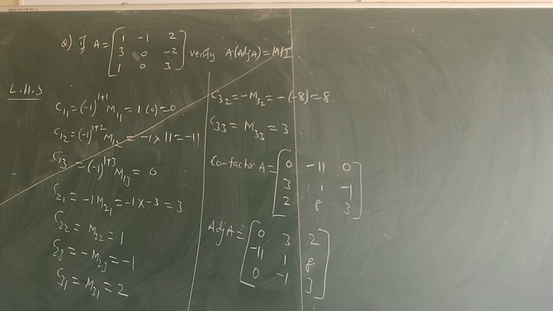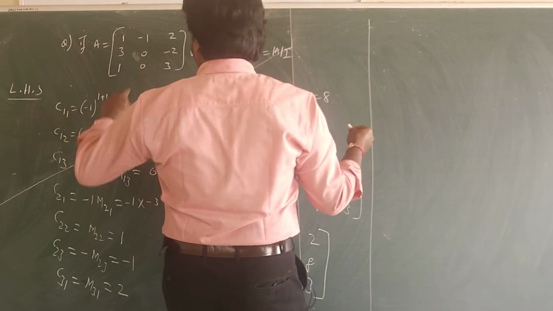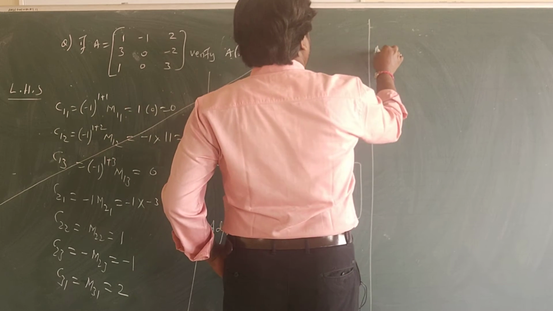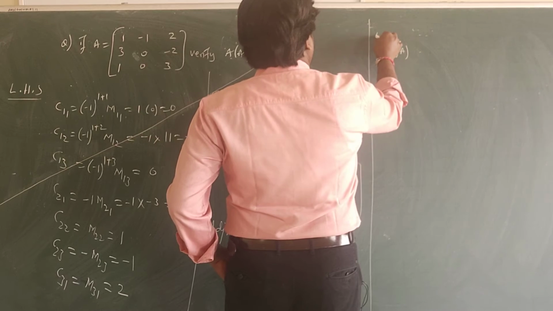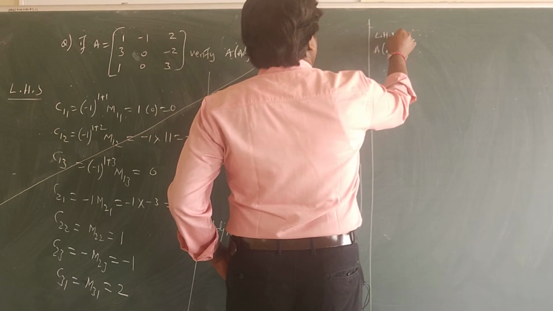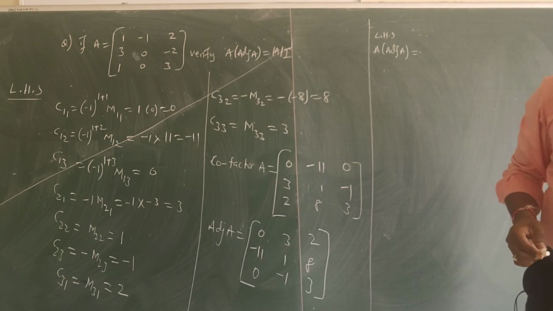That's it. If we multiply with the determinant of A like this, the same will come. We will see the left hand side. What is it? A into adjoint of A we have to find. This is LHS. We are doing this one. We are taking A here.